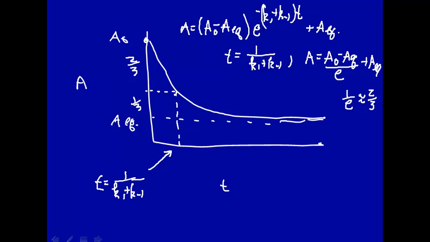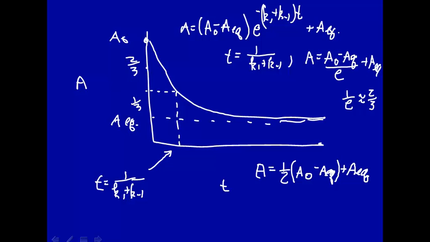So one, just from this decay, can approximately determine what the sum of the rate constants will be for the forward and reverse reactions. Let's look at when A is equal to 1/2 (A0 minus A equilibrium) plus A equilibrium.